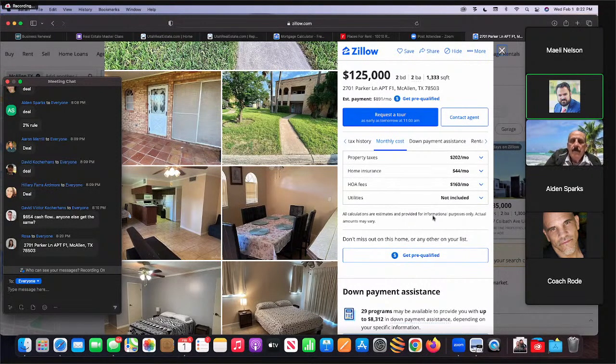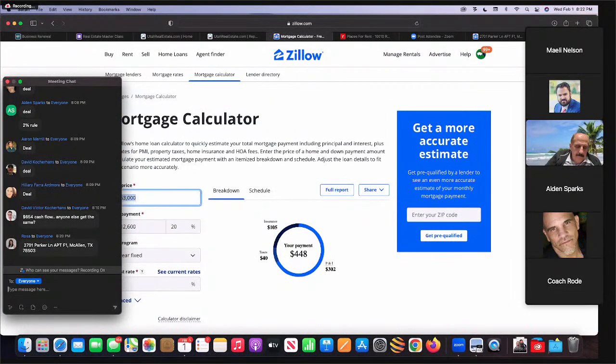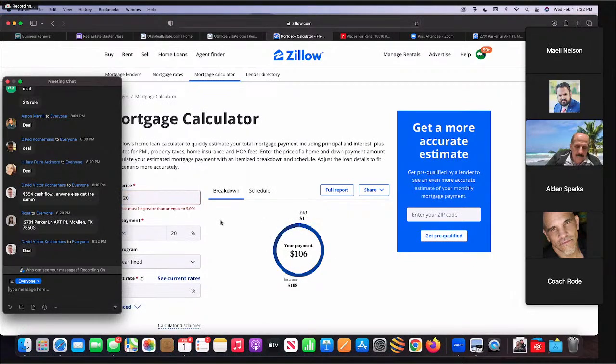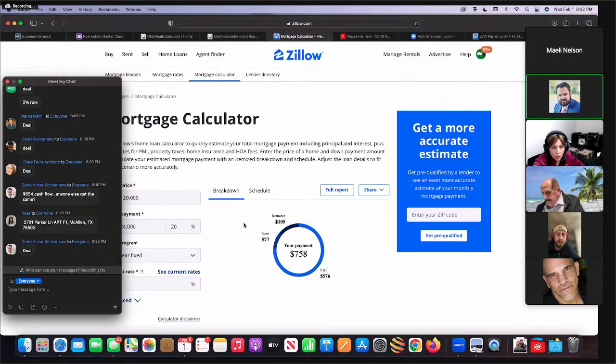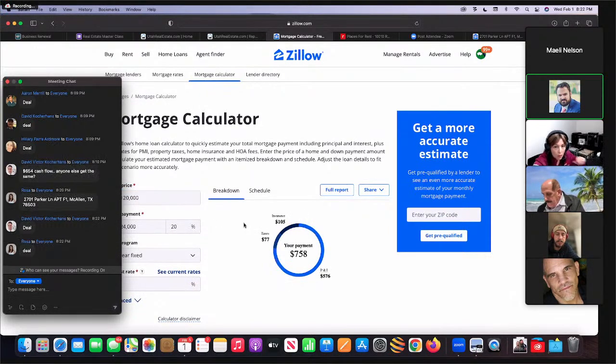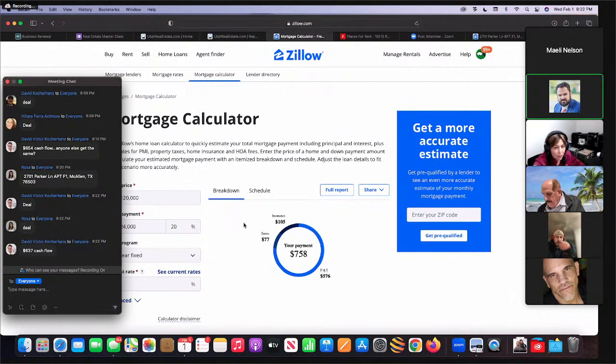Obviously, there are things that we have to take into account, but that's what that 10% does. Real quick, Rosa, what's the minimum cash flow? 500. Okay. So that's what that 10% that we factor in is for those types of expenses.